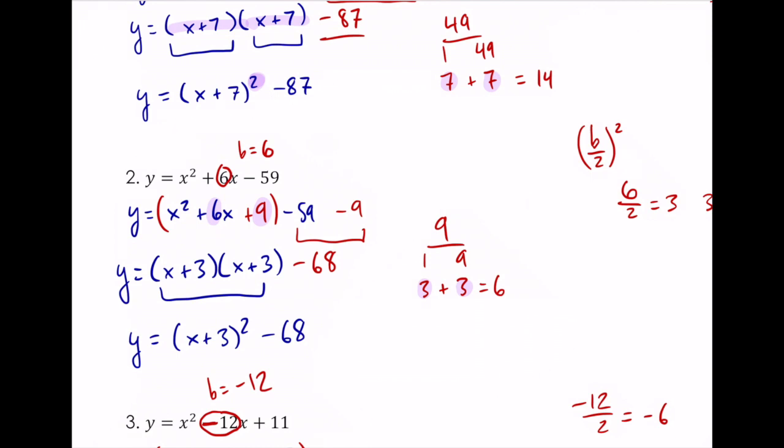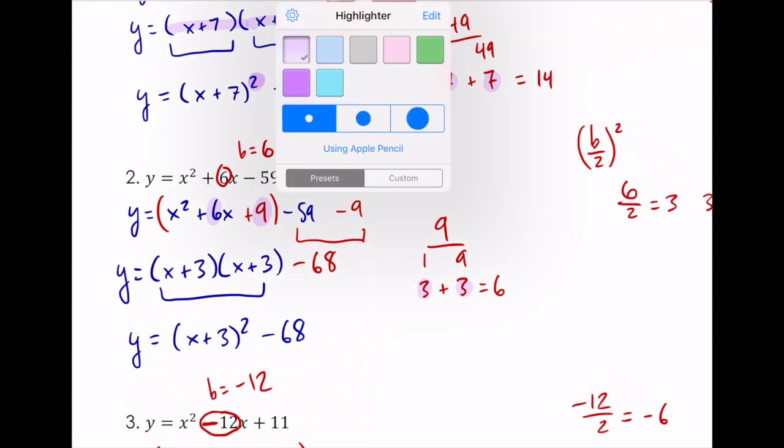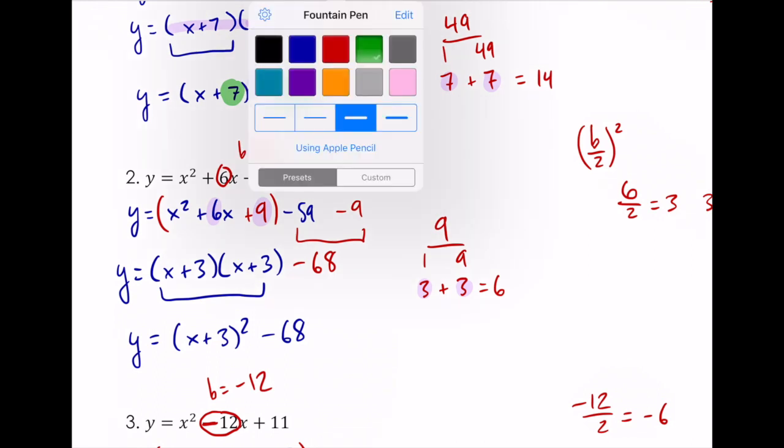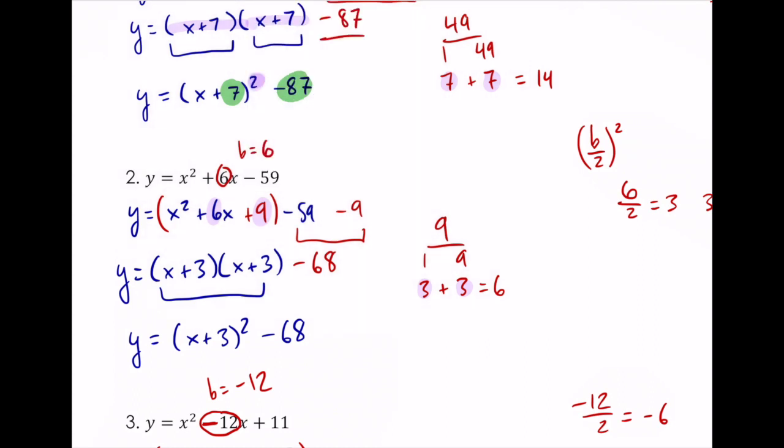So let's go back to that first question we did together. We had completed the square and got this answer, x plus 7 squared minus 87. So let's look at the 7 and the negative 87. We're going to use these two to find our vertex. So our vertex is negative 7 and negative 87.